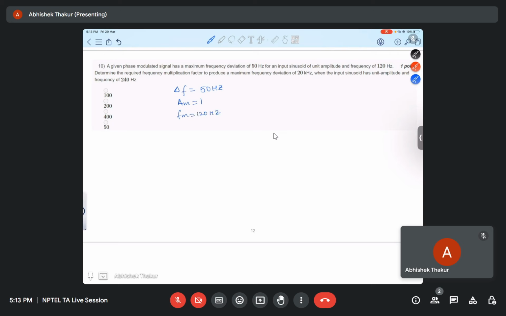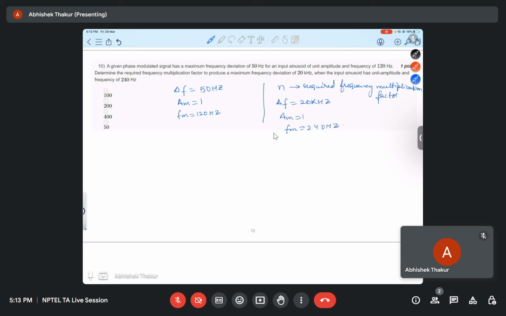Determine the required frequency multiplication factor N to produce a maximum frequency deviation equal to 20 kilohertz, when the input sinusoid again has Am equal to 1 and fm equal to 240 hertz.